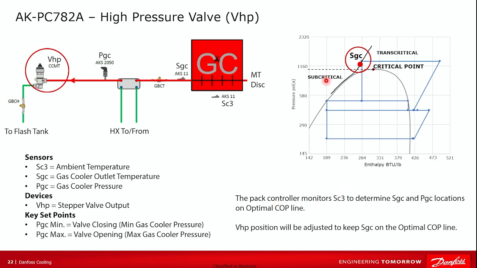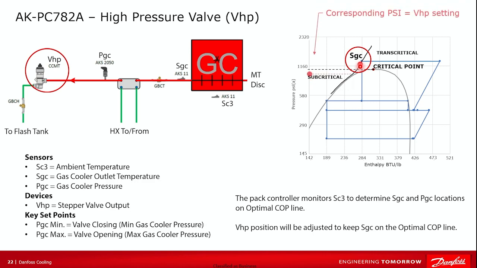So the valve is going to open and close to keep this sensor on this COP line here. Let's assume that I were over here with the actual sensor reading. The high pressure valve will lower the pressure to bring it back onto that line. And believe it or not, I could be over here and it will close a little to build pressure to bring it back up to that line.